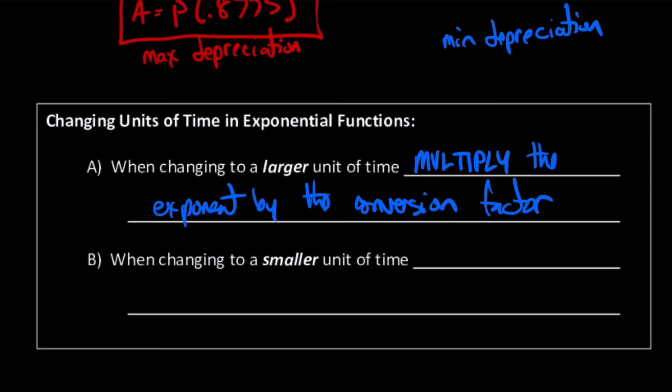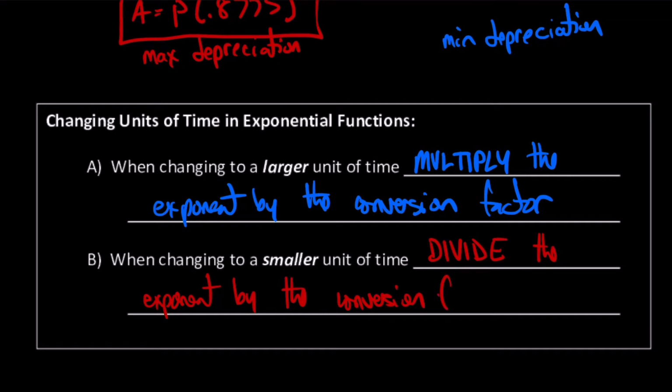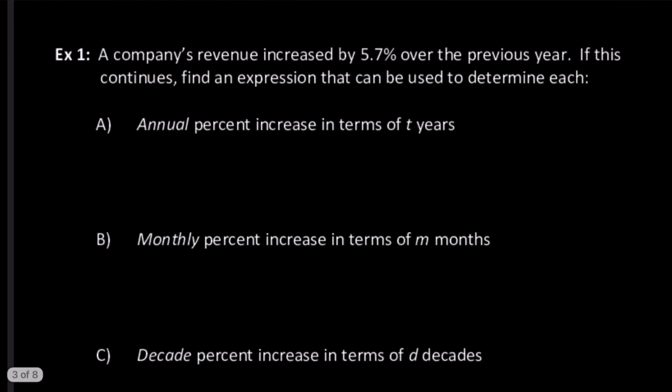You know, days to hours, it's 24 to 1, that sort of deal. When changing to a smaller unit of time, divide the exponent by the conversion factor. So we're going to practice a bunch of these, and hopefully by the end we'll have the hang of it.